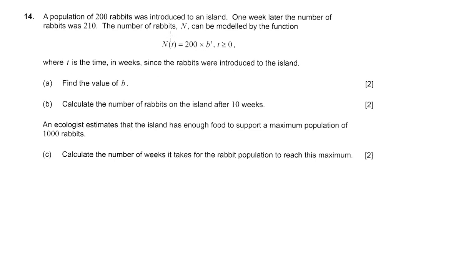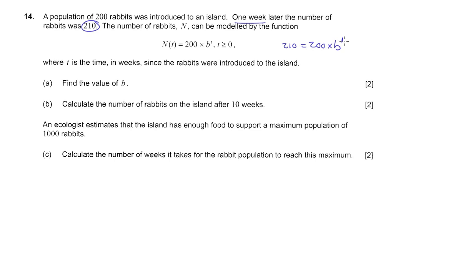Okay, so we know that originally there was 200 rabbits, right? And then 1 week later it was 210 rabbits. So let's plug that into our formula. We have our 200 as our starting value, and we know that we ended up at 210, right?